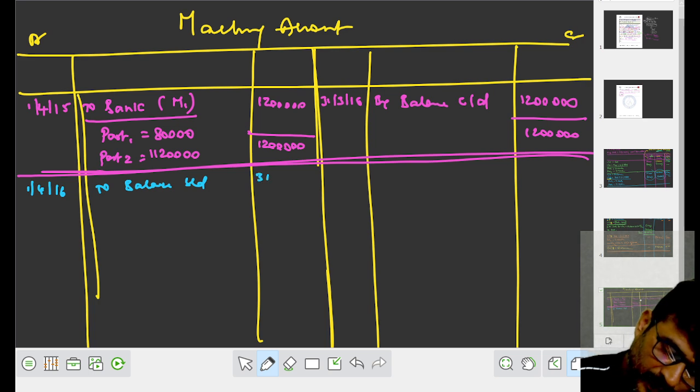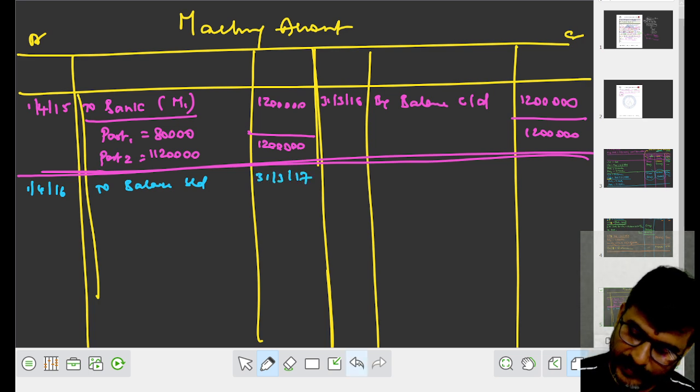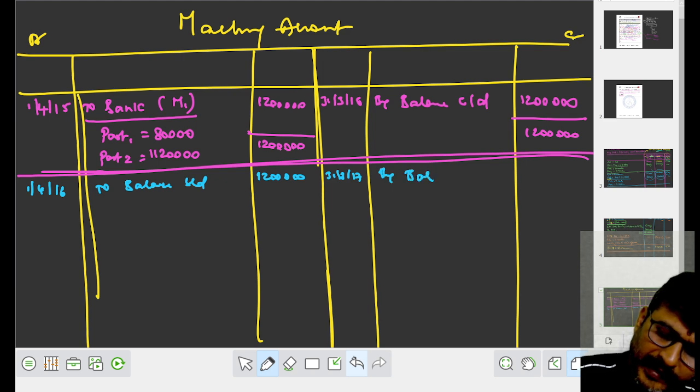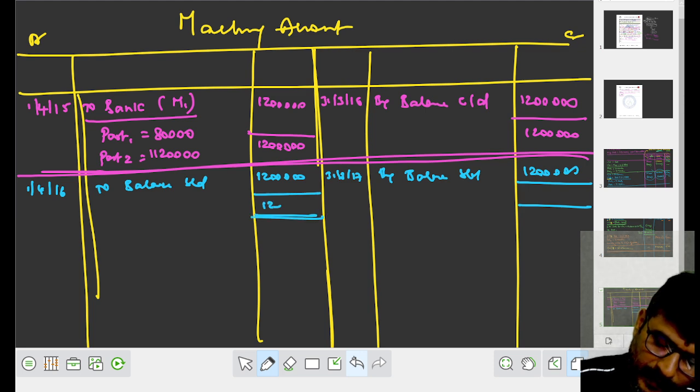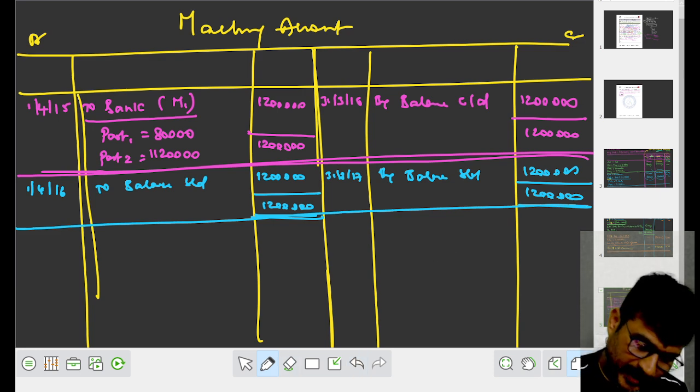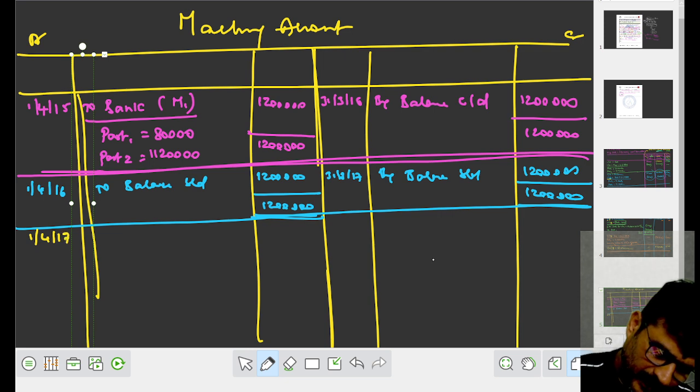Just what we have to do, 31st March 17, by balance brought down with the same amount of 12 lakhs. Then brought down on 1st April 17, to balance brought down 12 lakh.